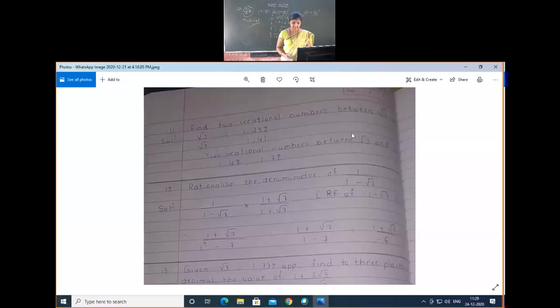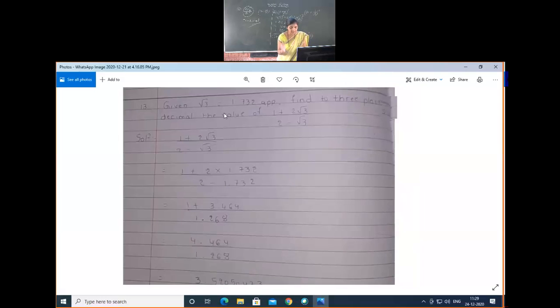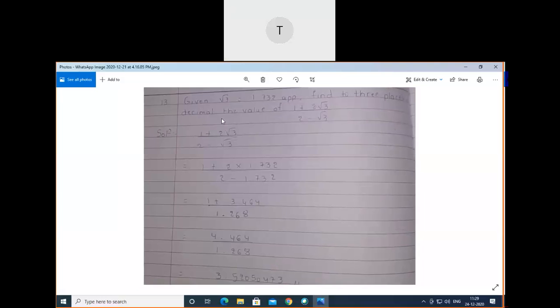Actually we discussed in the textbook also, in the number system chapter, it is clearly given. See here: if we add, subtract, multiply, the sum or difference of a rational number and an irrational number is irrational. Then the product or quotient of a non-zero rational number with an irrational number is irrational.